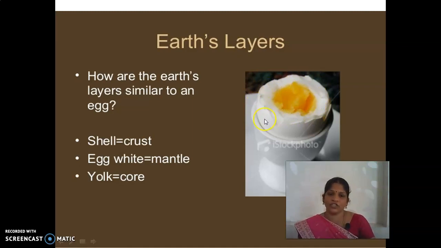And the outer shell, that is called crust. Now, what are the three main compositions of our earth? The interior part of our earth. The first layer is crust. Then second, mantle. Then third, core. Okay, children? Yes. Listen.